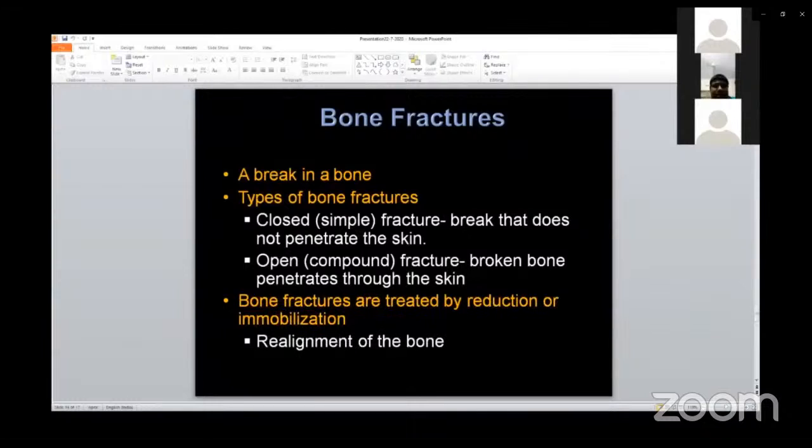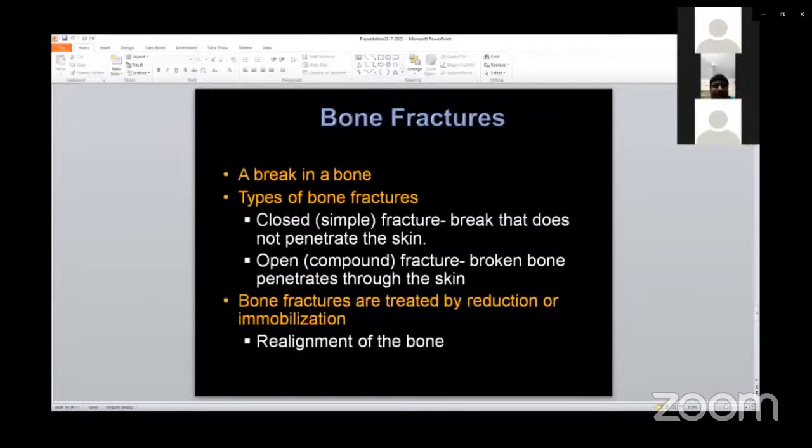Next one is types of bone fractures. Here we are going to learn what the types of bone fractures are. The first one is closed fracture. The second one is open or compound fracture. We can call a closed fracture a simple fracture also. How to differentiate a closed fracture from an open fracture?